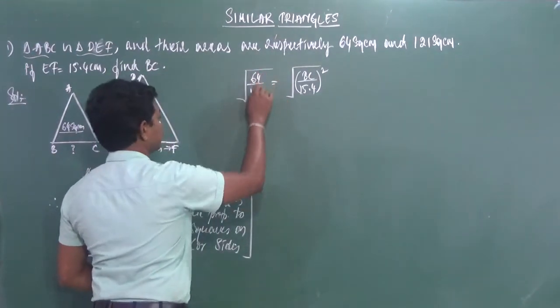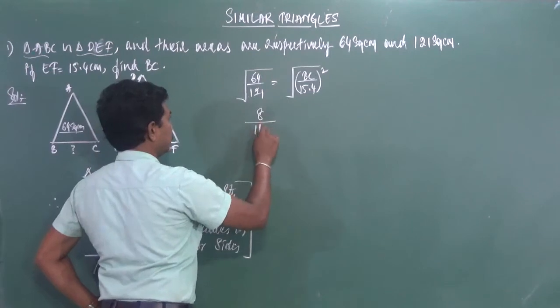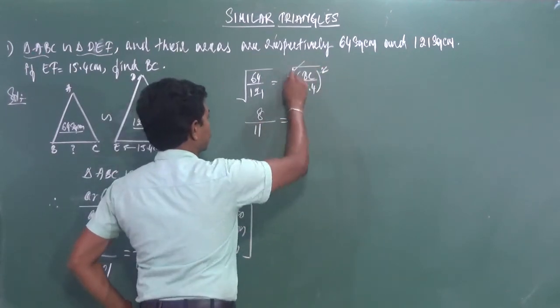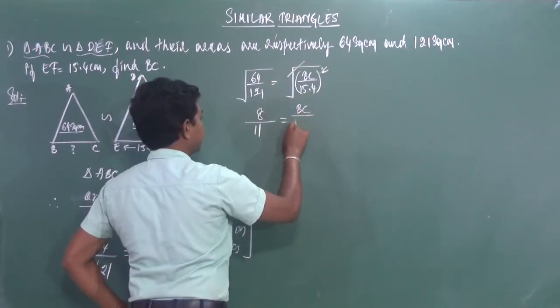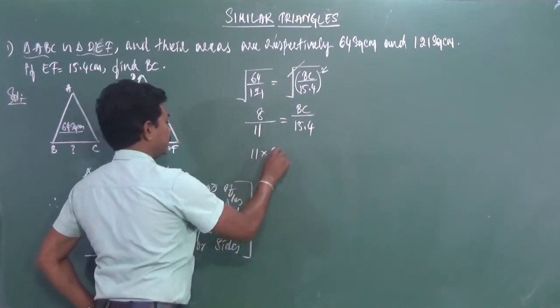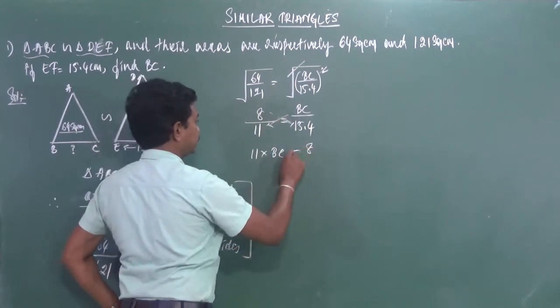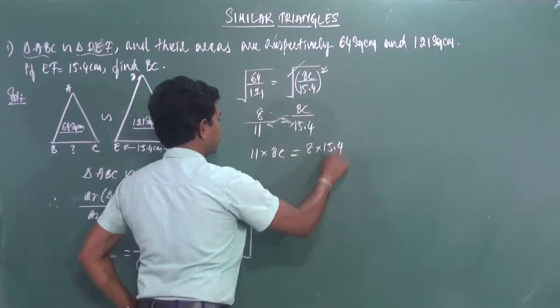Square root of 64 is 8 by square root of 121 is 11, is equal to BC by 15.4, since square and root cancel. On cross multiplication, 11 into BC is 8 into 15.4.